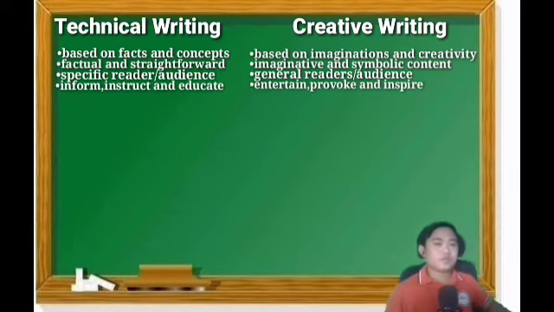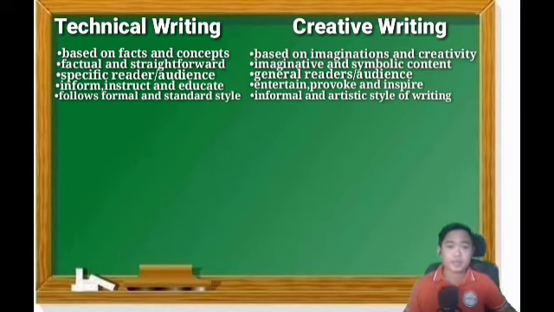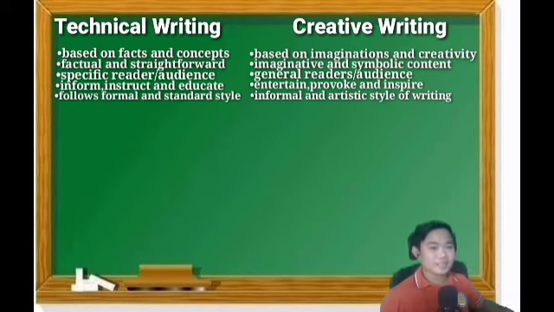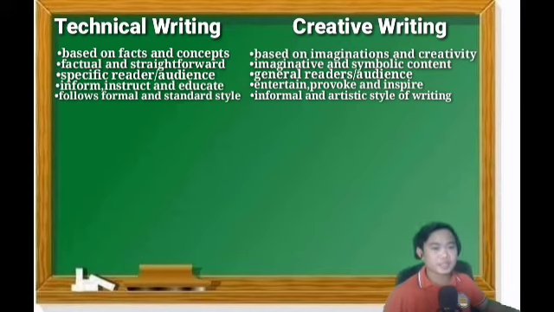In technical writing, it follows what? A formal and standard style of writing. While creative writing follows an informal and artistic style of writing. So what else? There are a lot of differences. There are key differences.